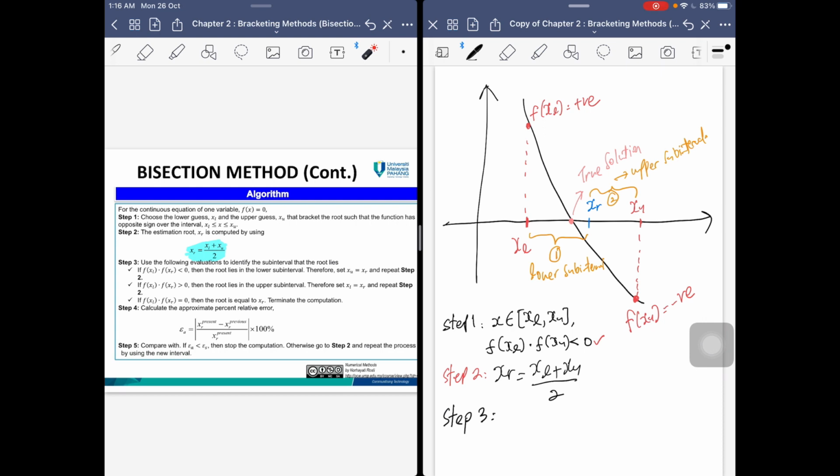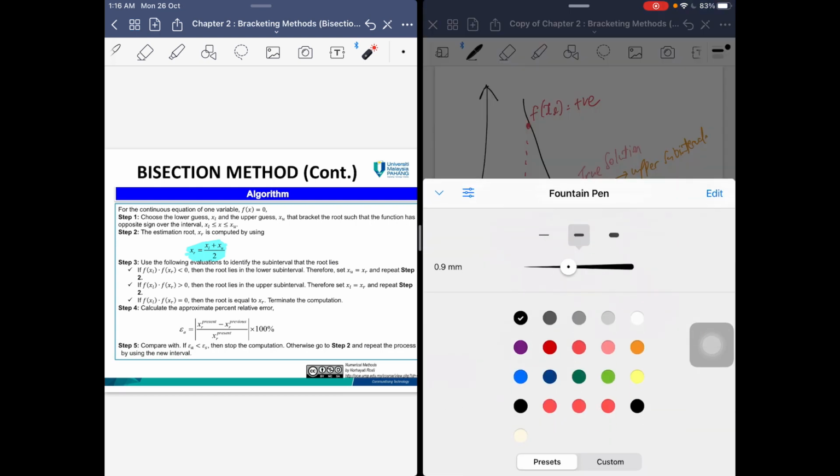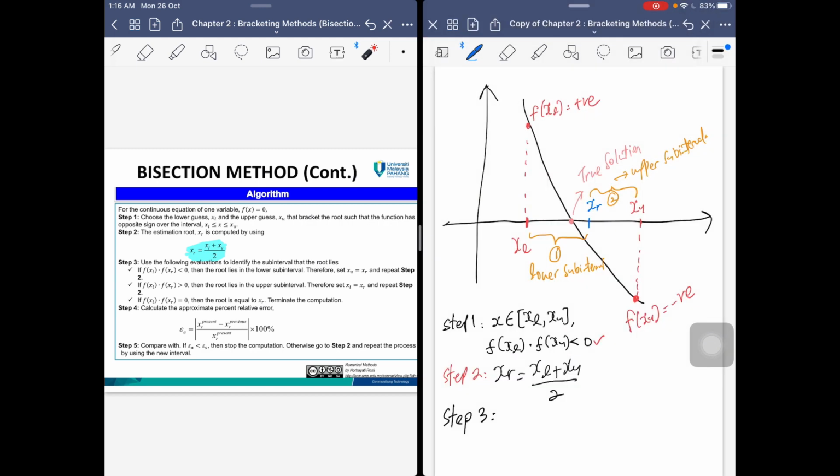From here, this is our XR, therefore this is our f(XR), which is a negative value. Then I test f(XL) multiplied with f(XR).